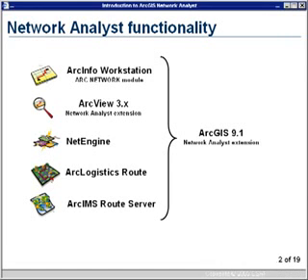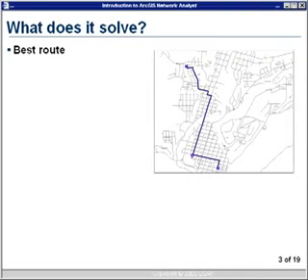You can access the network programmatically, like with NetEngine. Parts of ArcLogistics route, like time windows, are included to help solve complex routing problems. And finally, ArcGIS Server with network extension provides a platform to perform analysis on the web similar to ArcIMS Route Server. As Network Analyst matures, even more functionality will be added.